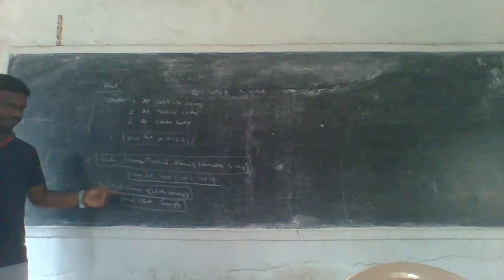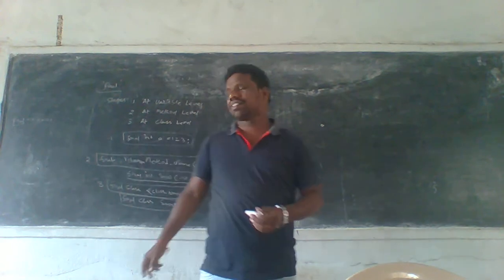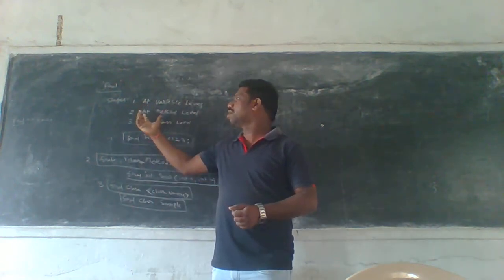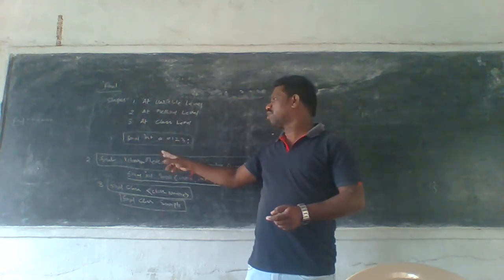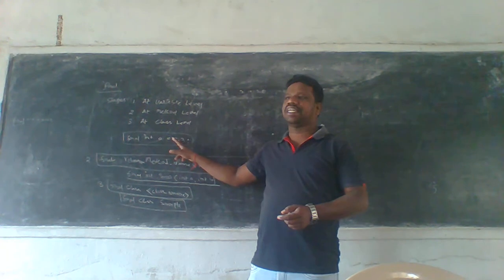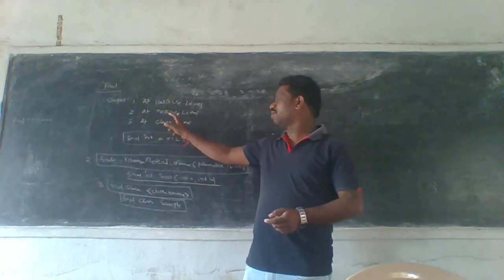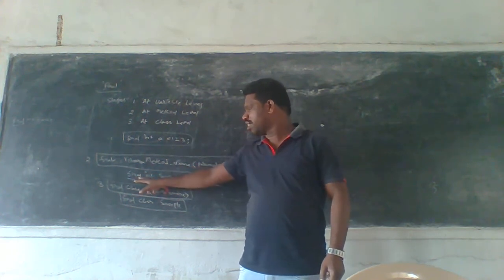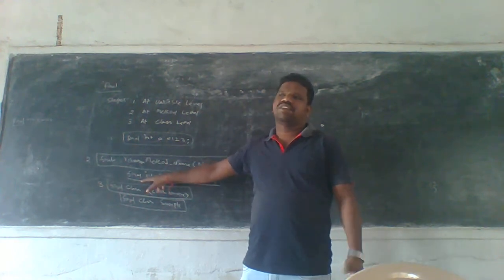Final means constants. For this purpose, I am using the final keyword at three different stages: variable level, method level, class level. If I use final before the variable, that variable is treated as a constant. Second, at the method level, final is declared before the method name.